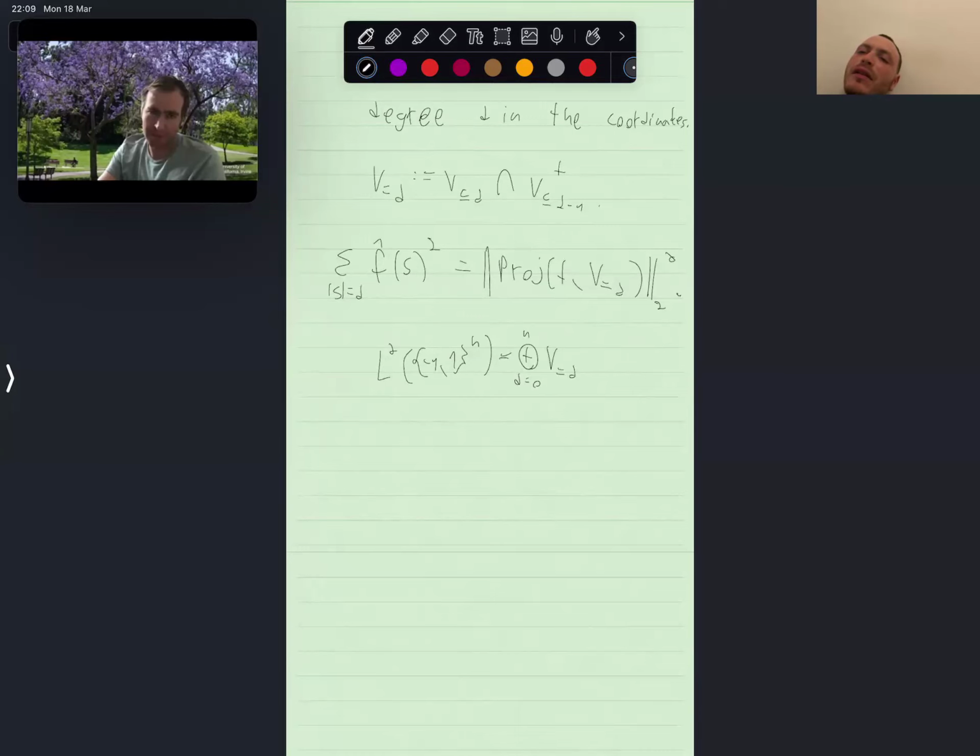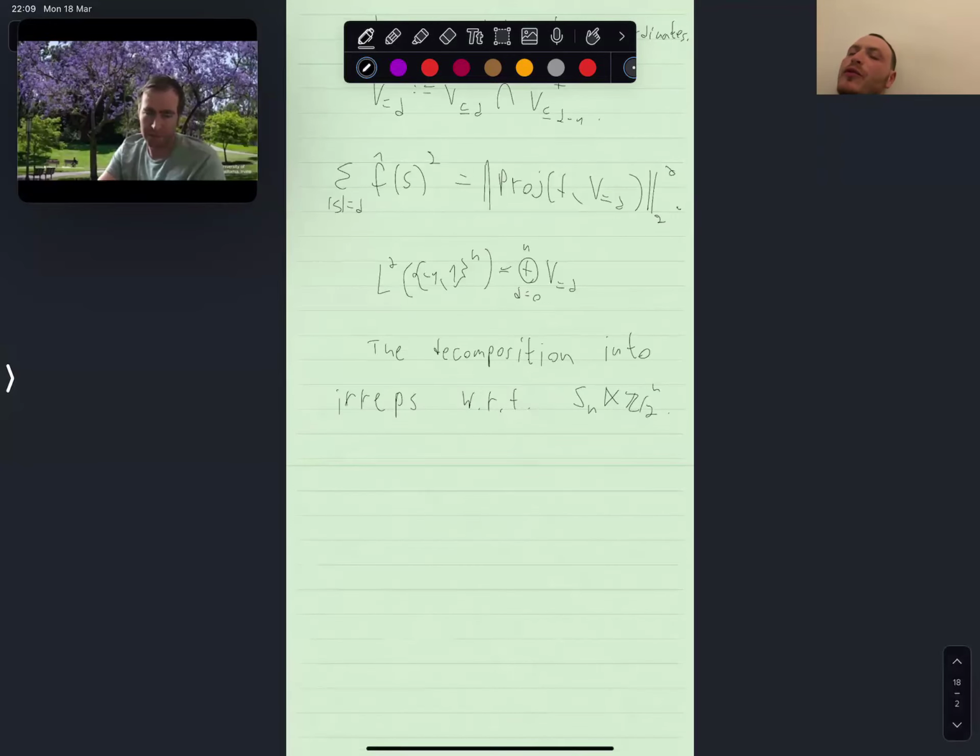This is the decomposition of this space into irreps with respect to the group Sn semi-direct product with Z-mod 2 to the n. This is called the hyperoctahedral group, where Z-mod 2 to the n acts by reflection, and Sn acts by permuting the coordinates. This is basically the group of symmetries of the hypercube.